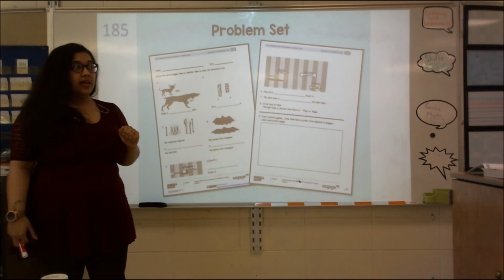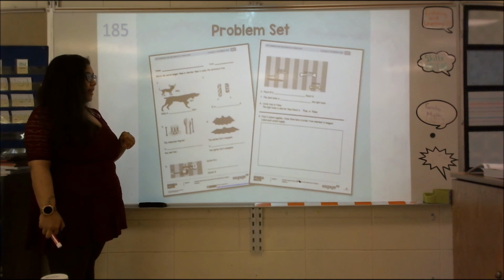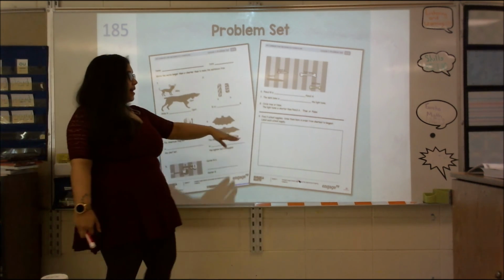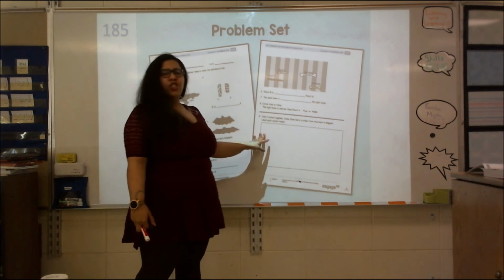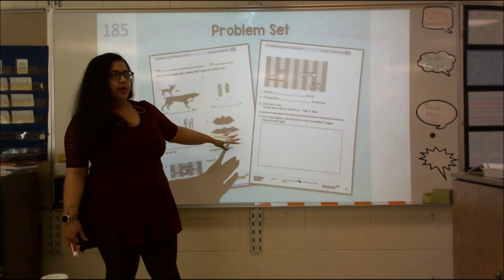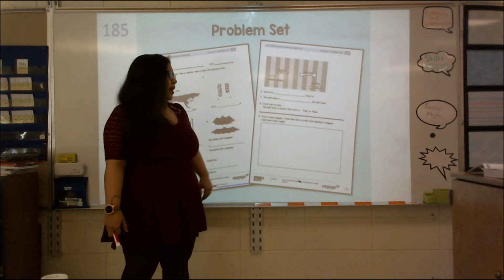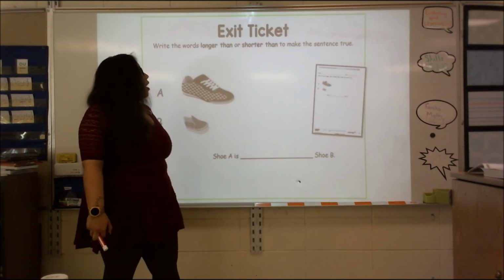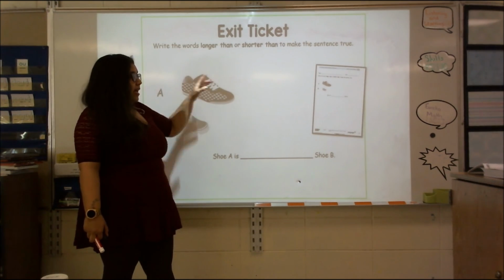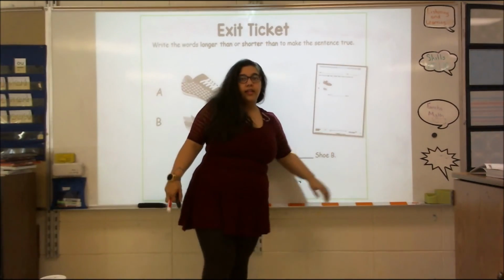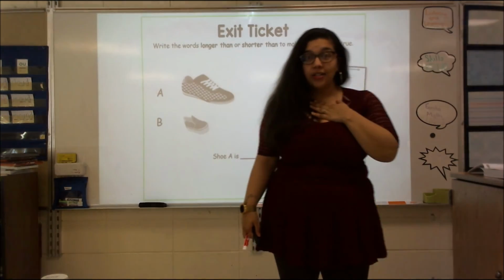Now, I know number 9 says find 3 school supplies, but you can find 3 house things and draw them if you need to. And then you're going to do your exit ticket and click submit when you're done so you can turn in your work to me.